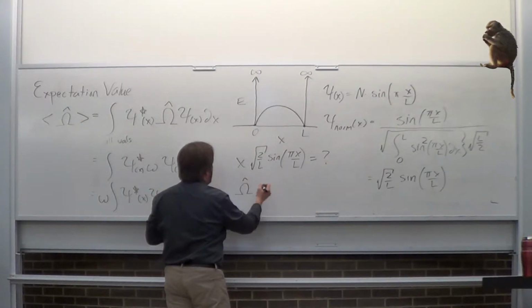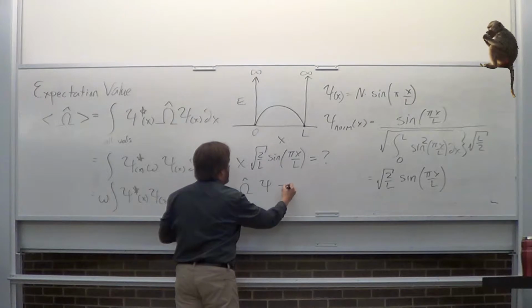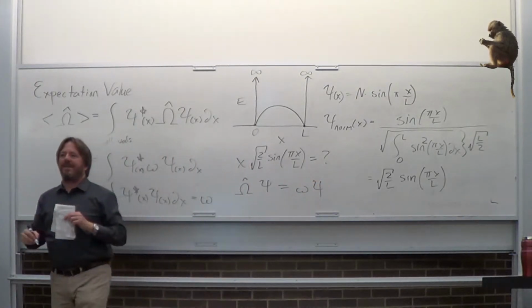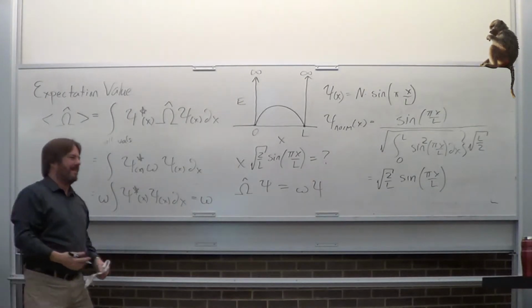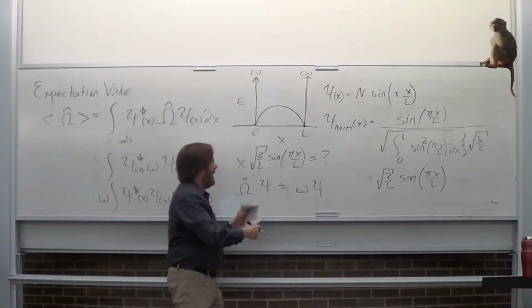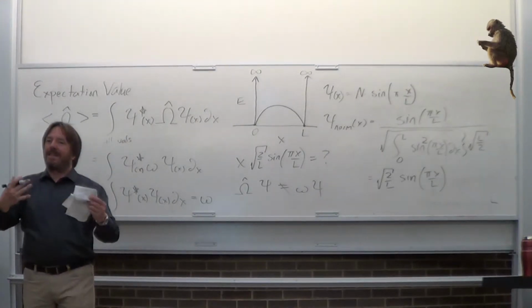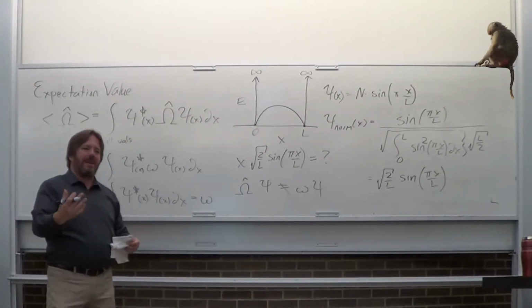So x is the operator, this is the wave function. Are you getting a number times the wave function? No. Of course not. That's ridiculous. X times a function does not return a number times a function. X is x. So what the heck do you do?